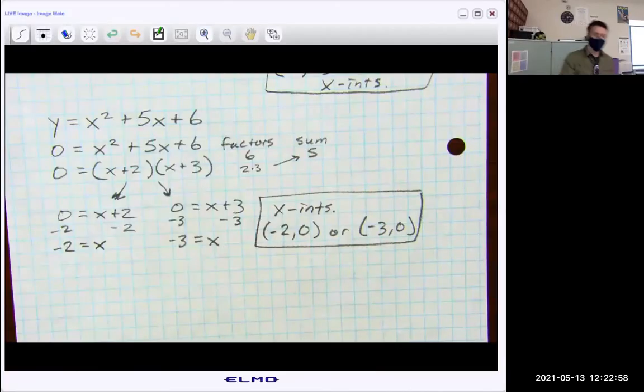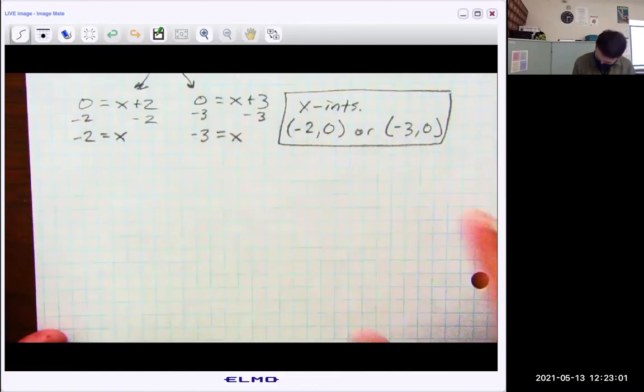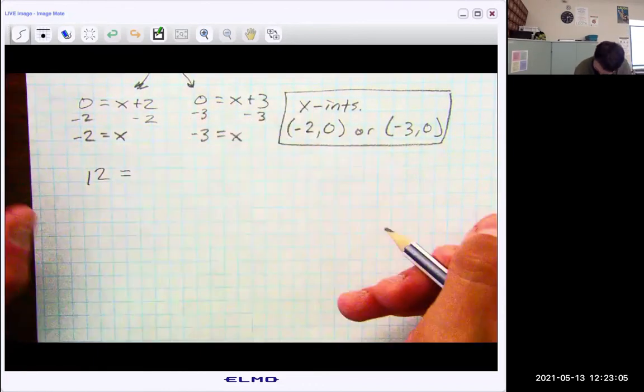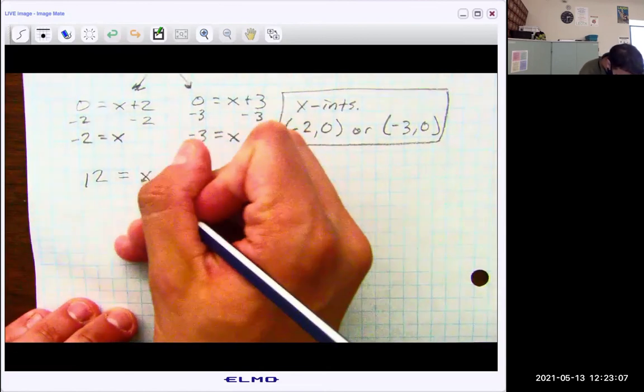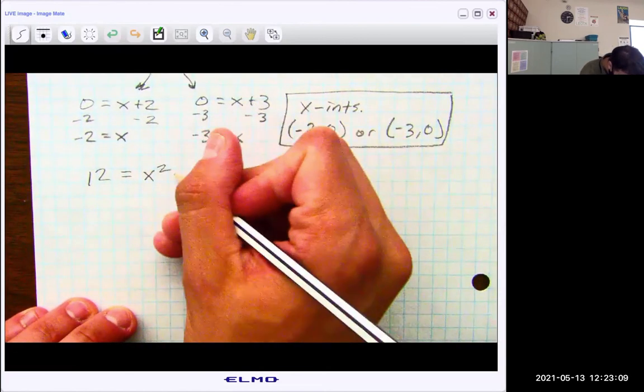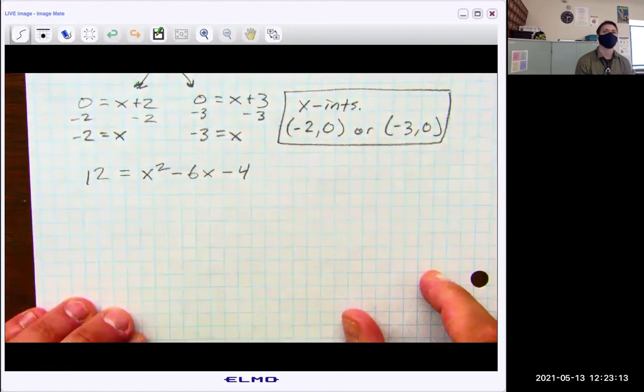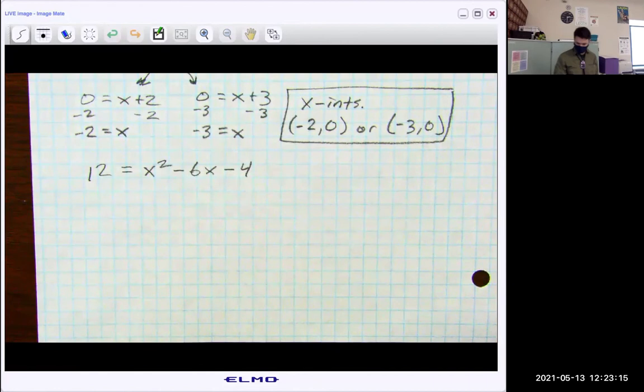Let's try a different one. Let's try this one. We have 12 equals x squared minus 6x minus 4. We're finding the roots.